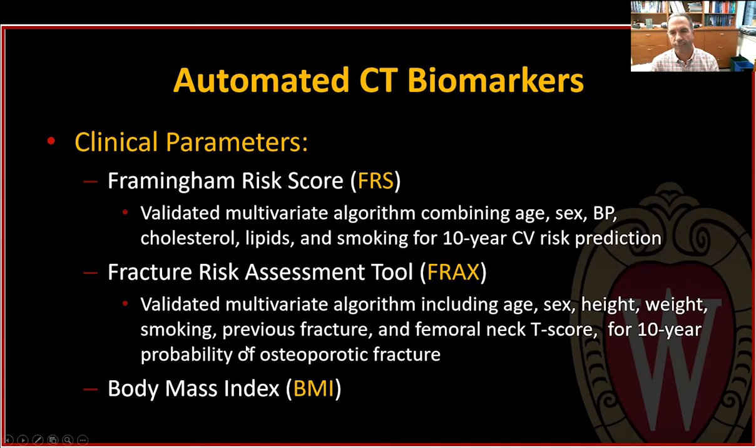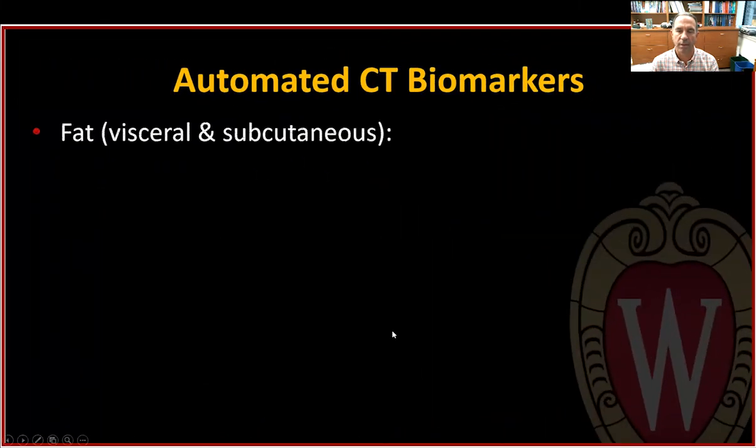This is for fracture prediction. And again, it's a web-based tool that you have to enter by patient. Now for the study, we're able to batch enter those, but it's not something that's been automated. But these are fairly complex clinical parameters and really something that's been highly validated to compare against.